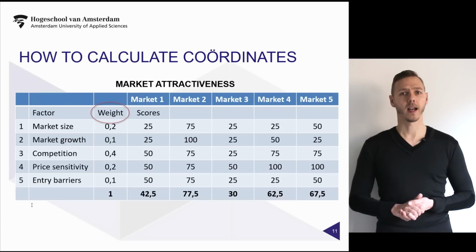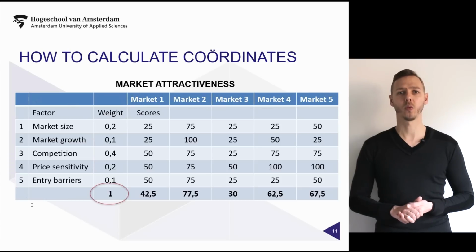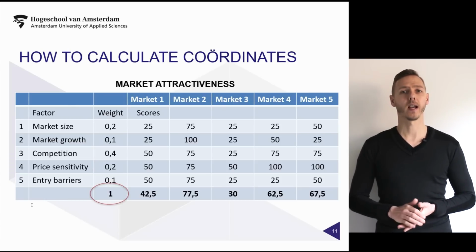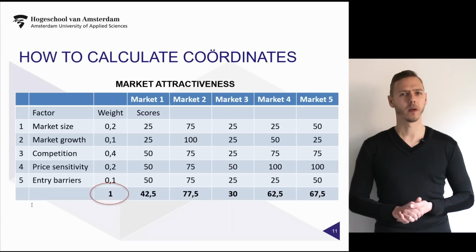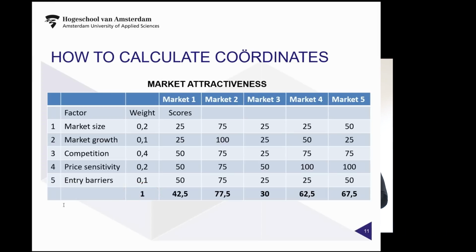You can add a weight. Now, it's really important that you make sure that these weights add up to 1 in total. So, you can, for instance, use a 0.2, a 0.1 or a 0.3 as long as everything adds up to 1. This makes you think really closely about how important each factor is for your business case.